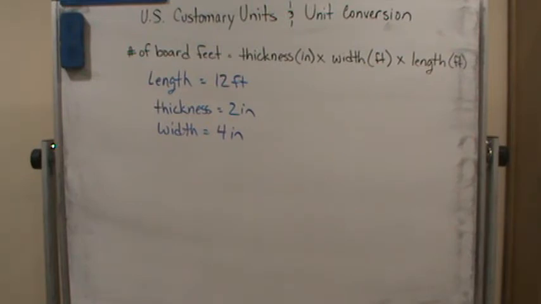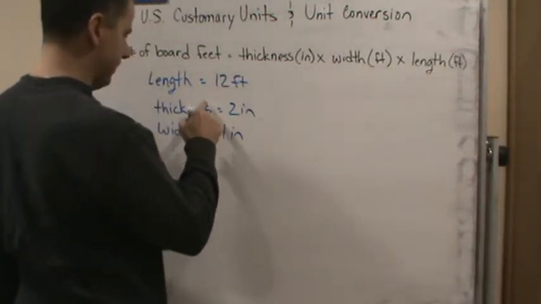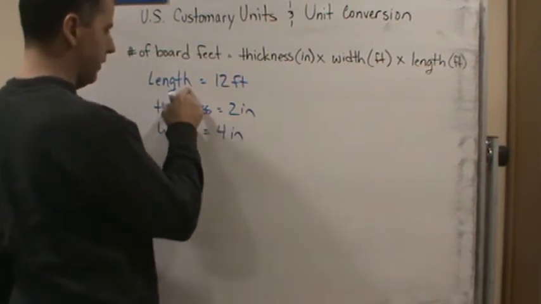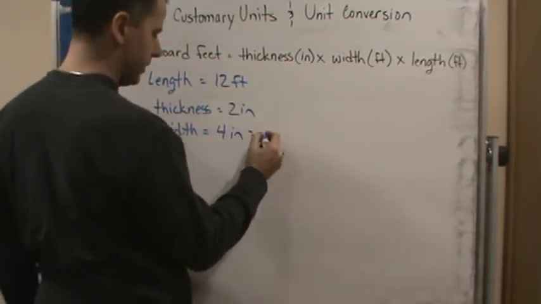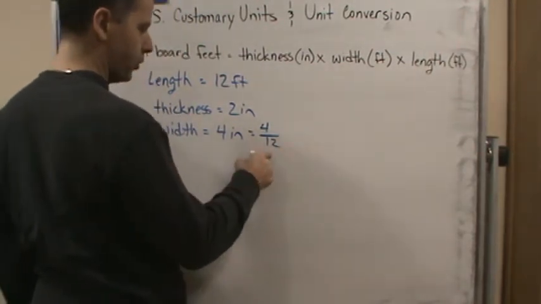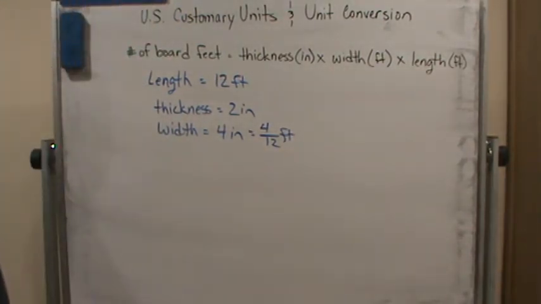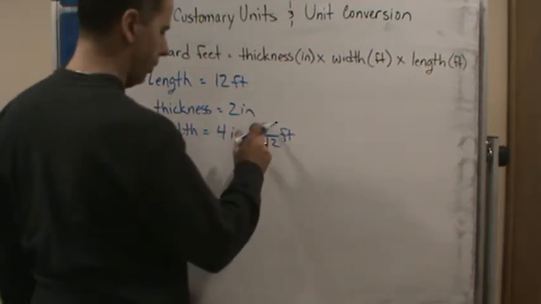And so when we look at board feet, here's how we do it. This is going to equal, because this is in inches, that's good. This is in feet, that's good. This has to be in feet, so we're going to make that 4 out of 12 inches. So 4/12 of a foot, or 1/3.